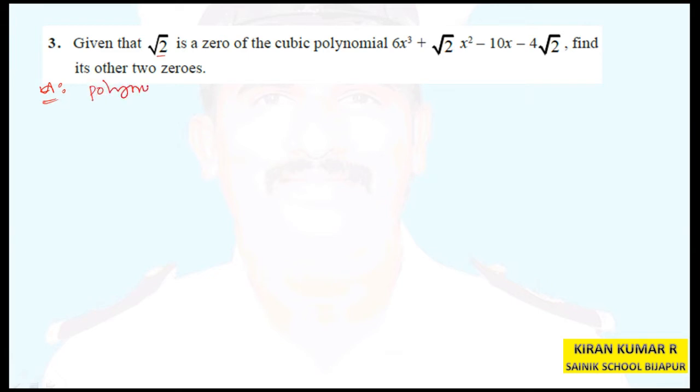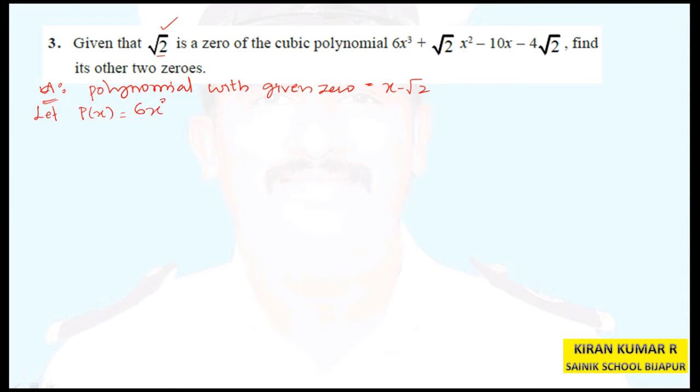The factor of the polynomial with the given zero will be x minus root 2. The reason is the zero of this polynomial is root 2. Let me consider the given polynomial as p of x.